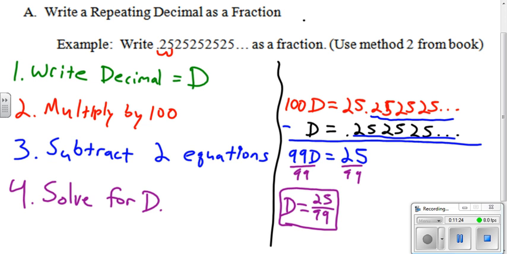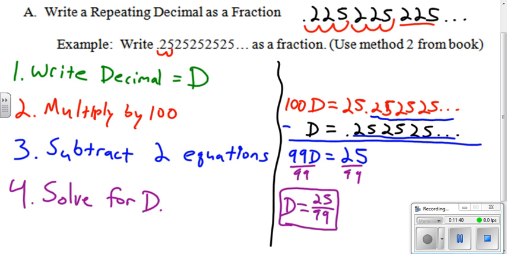If our fraction was, say, 225, 225, 225 repeating, then we'd have to move it over 1, 2, 3, and 1, 2, 3 again to get to our repeated form. That would mean we'd have to multiply by 1,000.